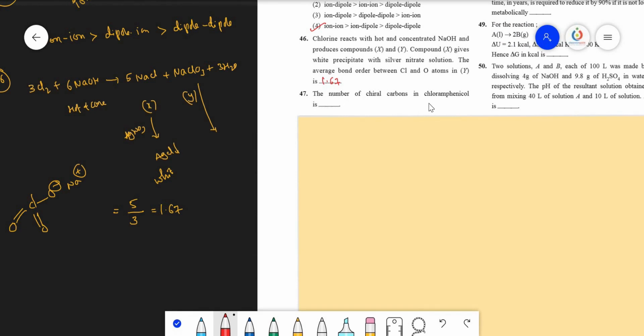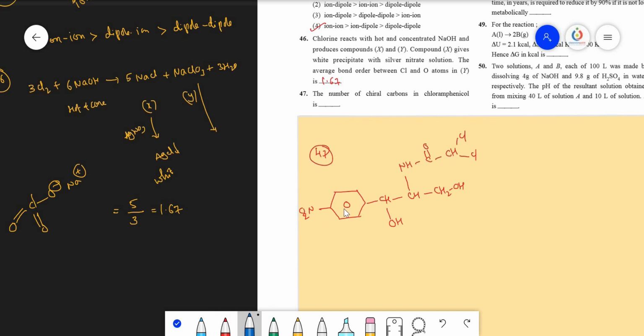47. The number of chiral carbon atoms in a chlorophenol is. So I will write down the structure here for the 47th question. This is NO2, CH, CH, here OH part, and this is connected to CH2OH, and this particular one is connected again to NH, C double bond O, CH, Cl and Cl.